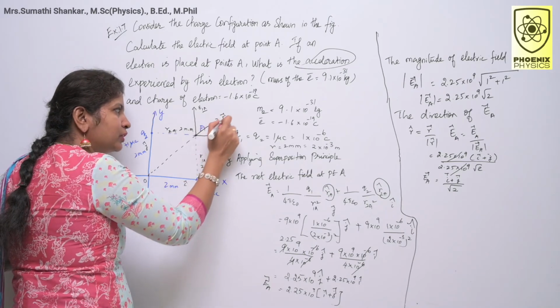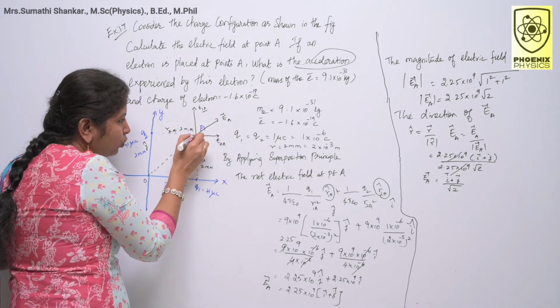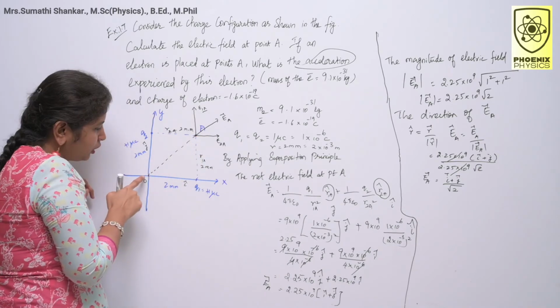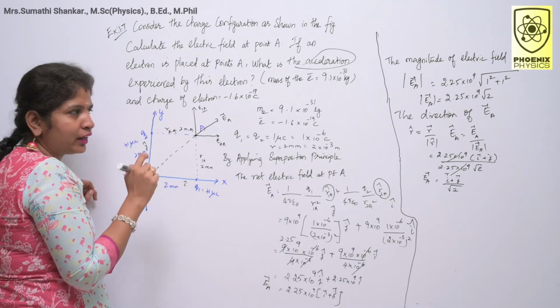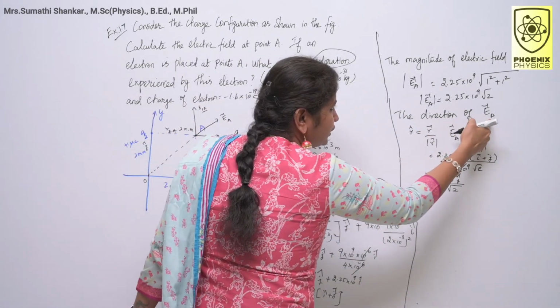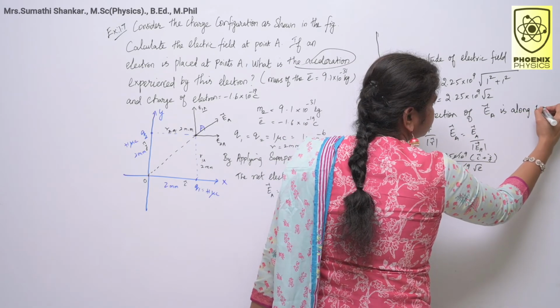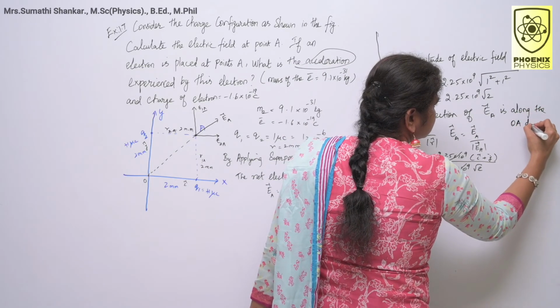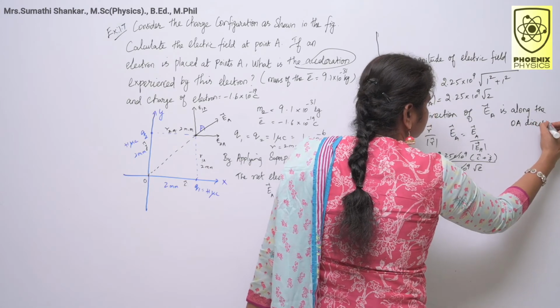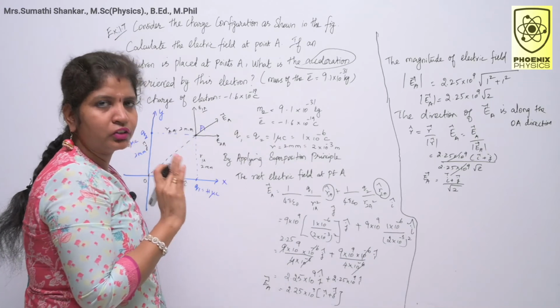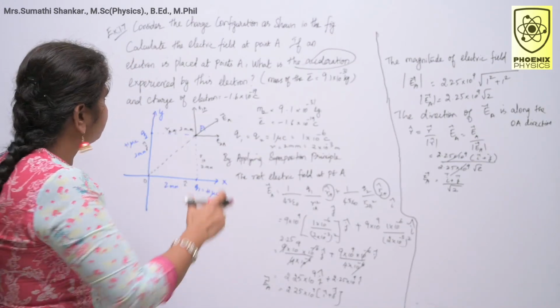Now you just draw one line to the origin. This is my origin. Then how do you say the direction? The direction of EA is along the OA direction. This is our conclusion. First part is over.